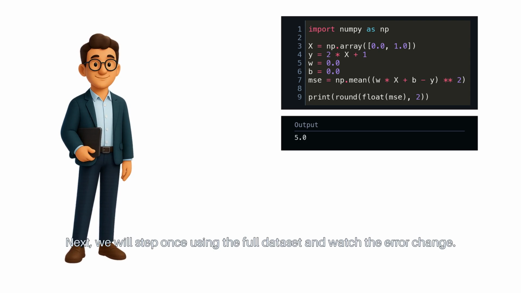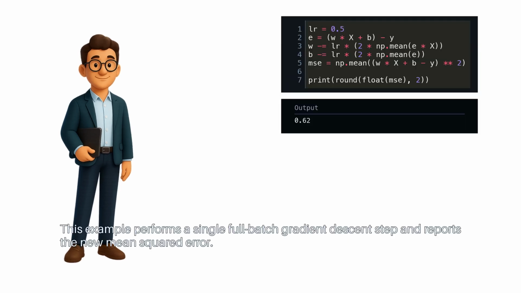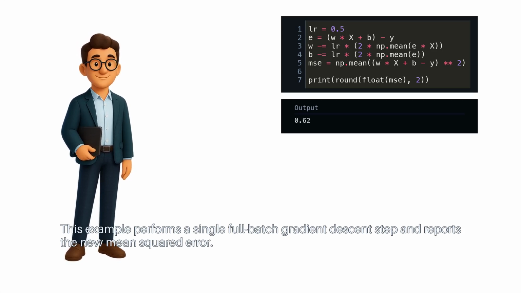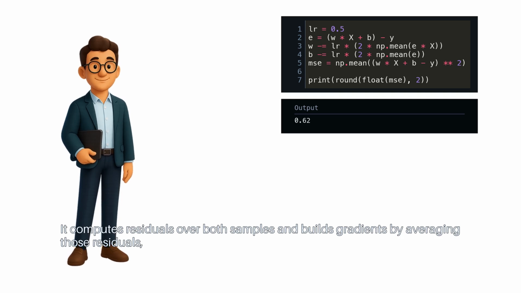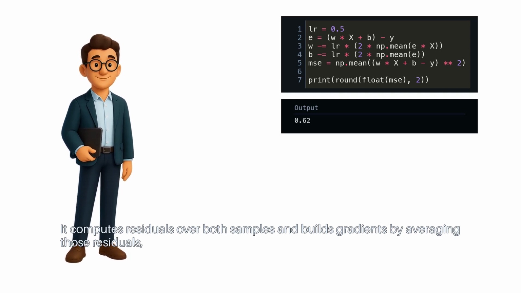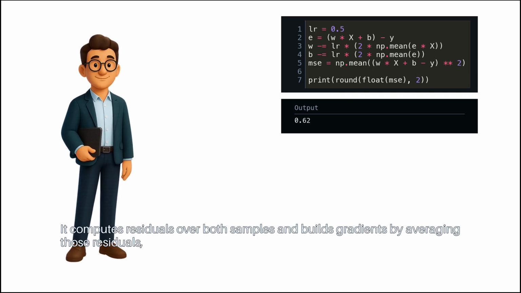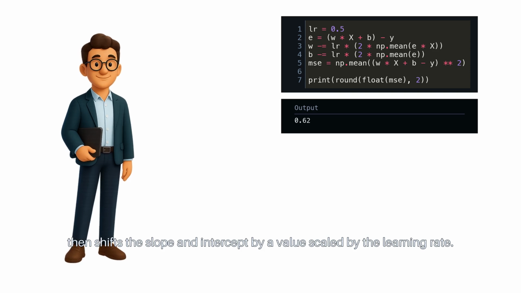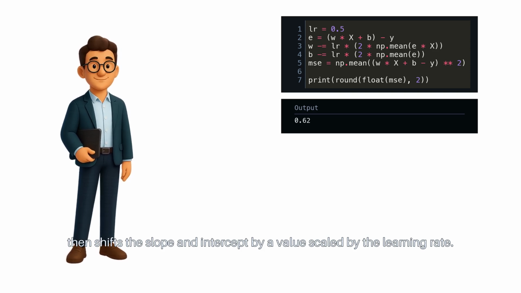Next, we will step once using the full dataset and watch the error change. This example performs a single full batch gradient descent step and reports the new mean squared error. It computes residuals over both samples and builds gradients by averaging those residuals. Then it shifts the slope and intercept by a value scaled by the learning rate.